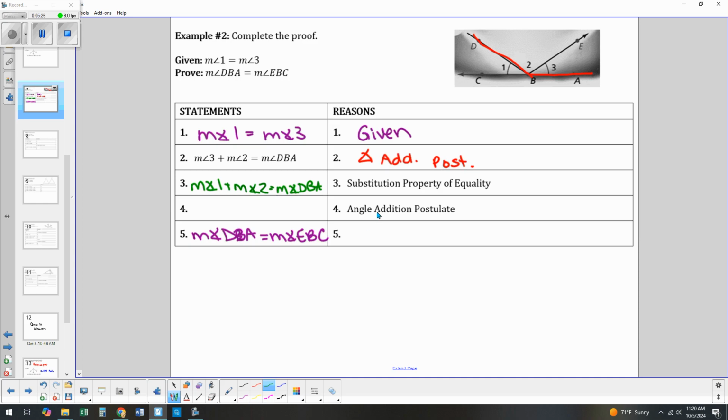And now we want to do another angle addition postulate. The only other bigger angle I could really use in this picture would be this bigger angle, the one that's made up of 1 and 2. So I can say that the measure of angle 1 plus the measure of angle 2 equals, and this is angle EBC.